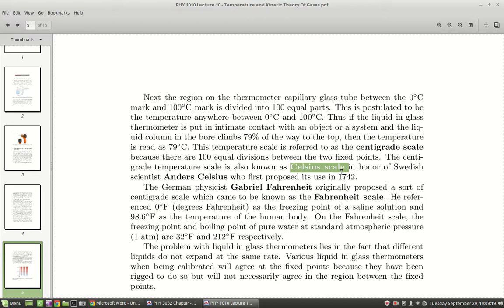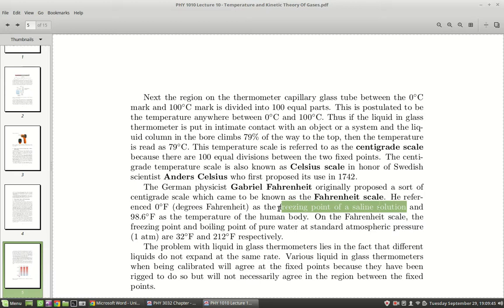In his case, the lower point was the freezing point of salt water. That was what was marked as the lower point. In the Celsius scale, the lower point is the freezing point of a mixture of water and ice. In the Fahrenheit scale, the lower point is the freezing point of salt water.